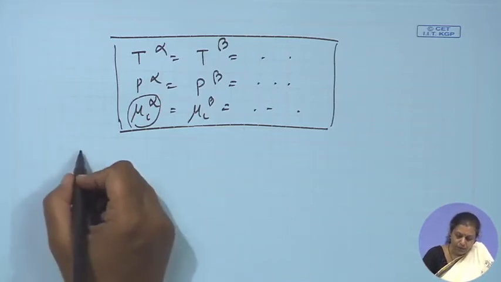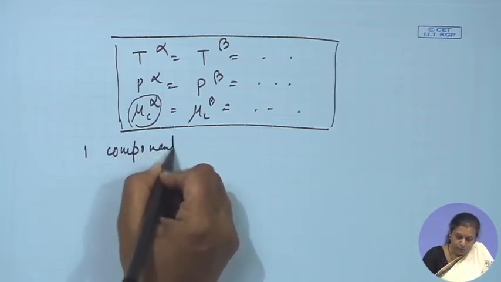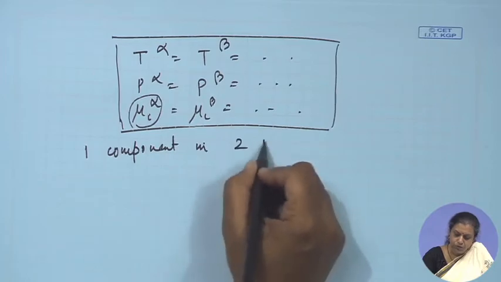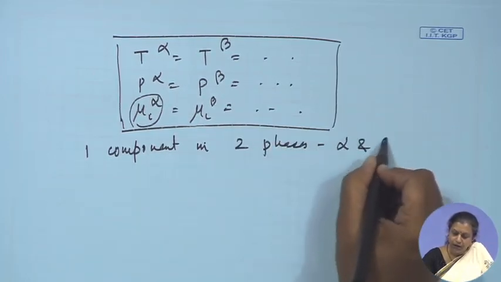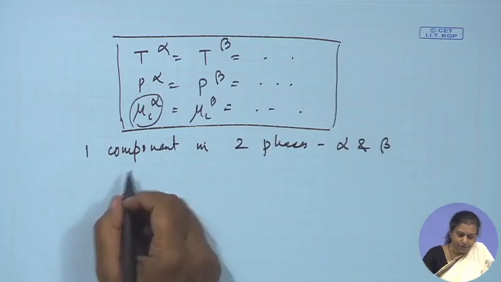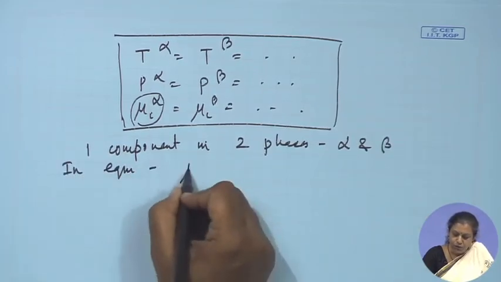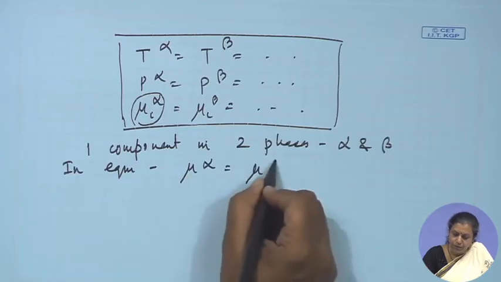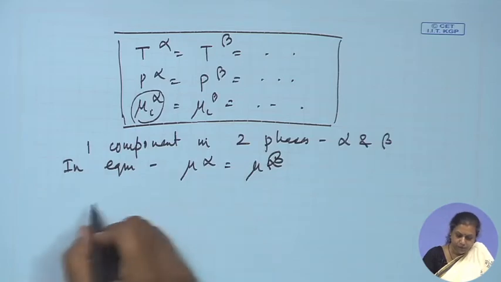Let us start from the beginning. Simplest case, we have say one component in two phases. The two phases are say the alpha phase and the beta phase. Now, in equilibrium, what do we know? We know mu alpha must be equal to mu beta.